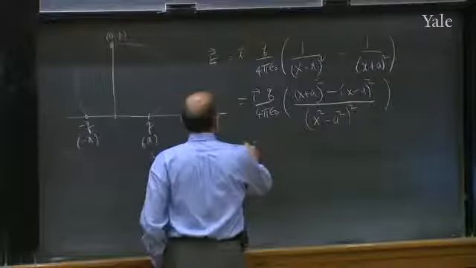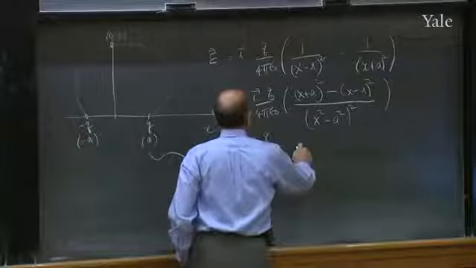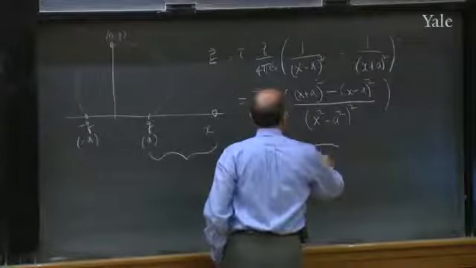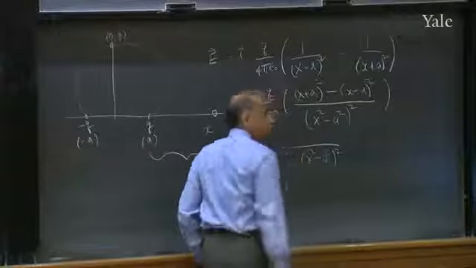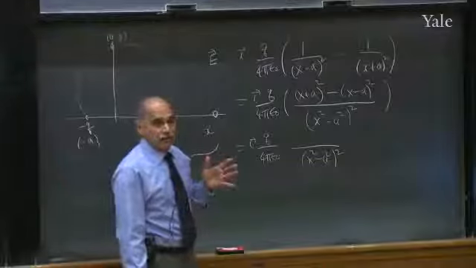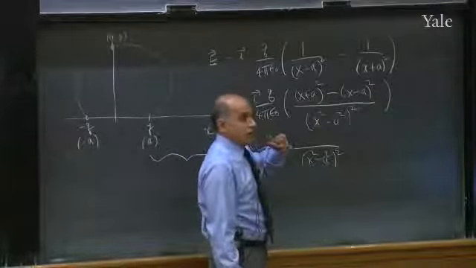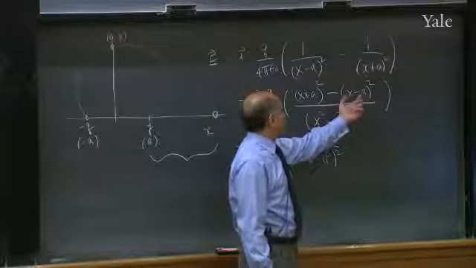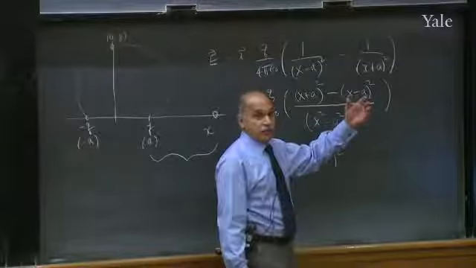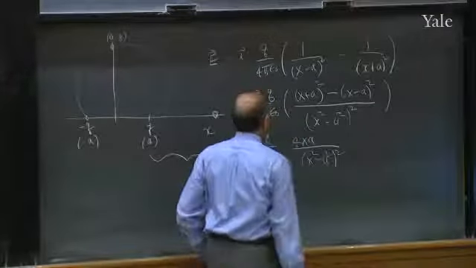So what does that give me? i q over 4 pi epsilon 0 times x squared minus a squared, all squared. And how about on the top? Can you do that in your head? This is going to be x squared plus a squared plus 2xa. You're going to subtract from it x squared plus a squared minus 2xa. And the only thing that will survive will be 4xa.